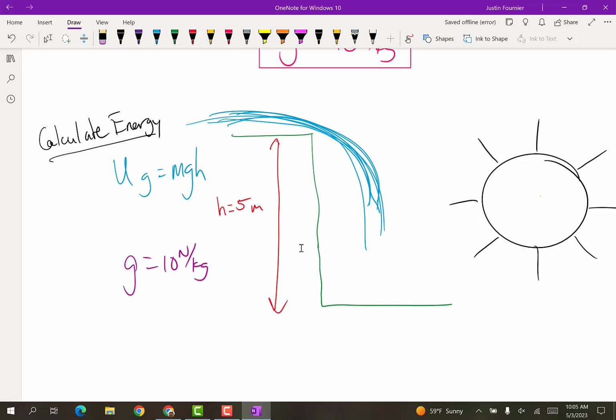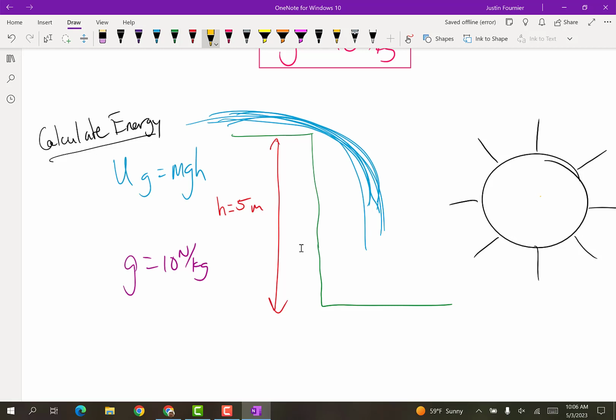And this is the whole reason why we can't just use potential energy anymore. We don't know what the mass is, but we could define something to get an idea of how much potential energy each mass has.